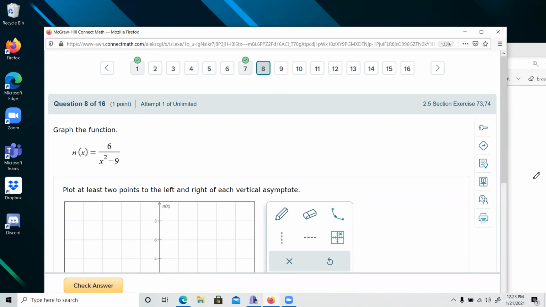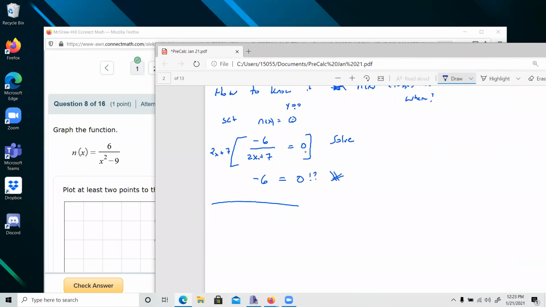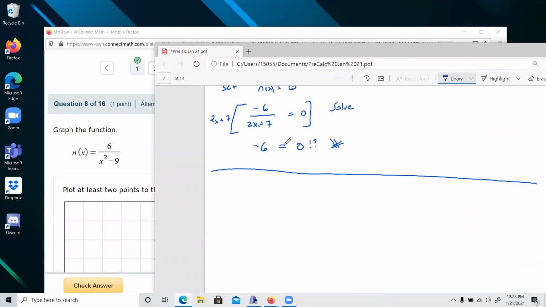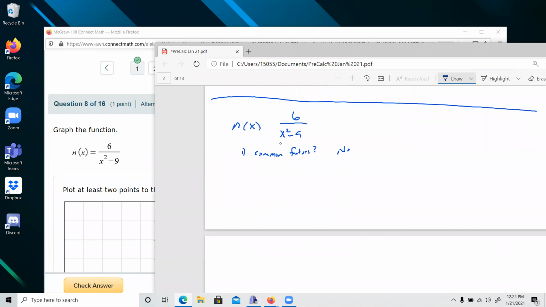We'll do this one. Okay. Let's talk about something else too. For this one, we have 6 over x squared minus 9. So again, do we have any common factors? No, no common factors. What are my vertical asymptotes?